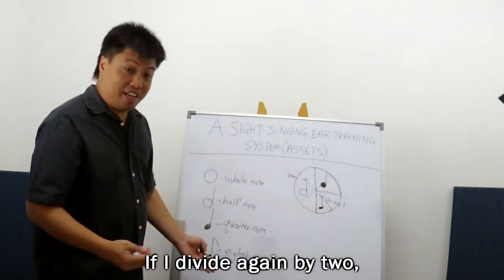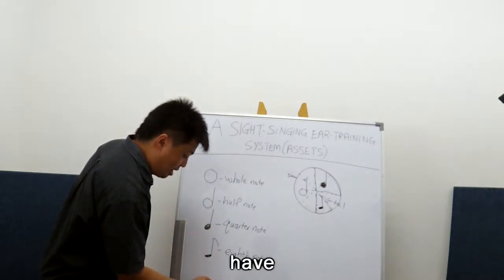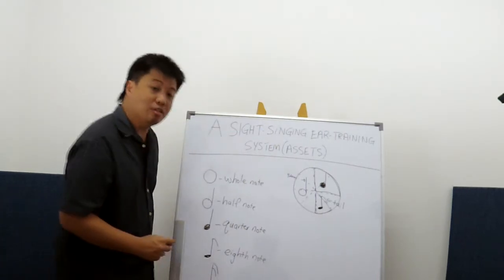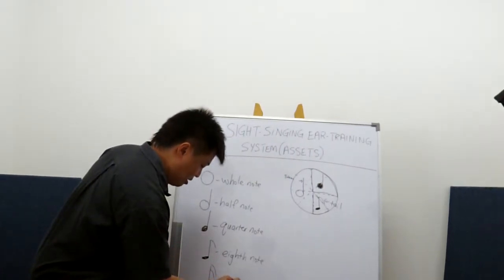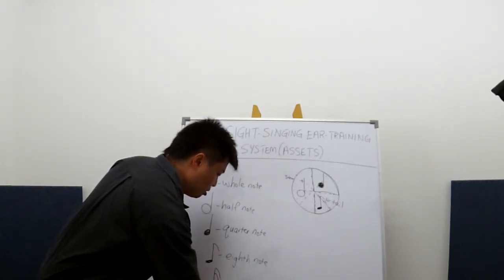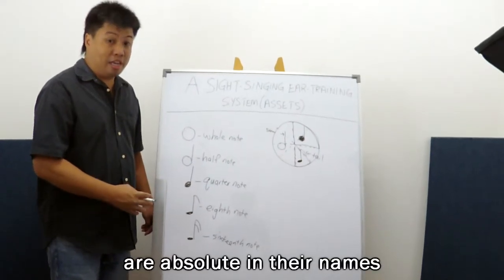If I divide again by 2, we will then have, instead of 1 tail, we'll have 2 tails. The 16th note. All these notations are absolute in their names.